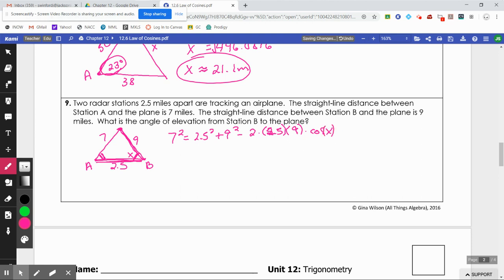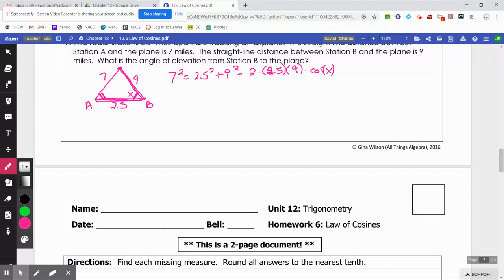To solve this, we're going to move our 2.5 squared over by subtracting, and we're going to move our 9 squared over by subtracting. And that's going to equal negative 2 times 2.5 times 9 times the cosine of x. You can move all of this over by dividing.